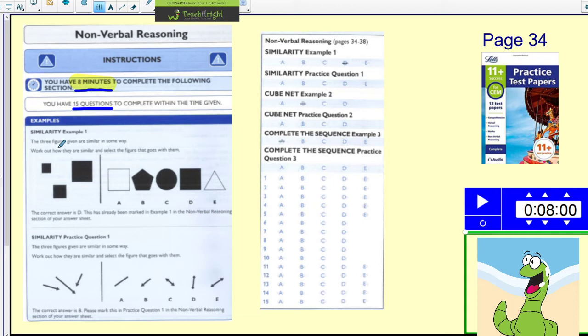The correct answer is D. This has already been marked in example 1 in the non-verbal reasoning section of your answer sheet. Similarity. Practice question 1. The 3 figures given are similar in some way. Work out how they are similar and select the figure that goes with them.